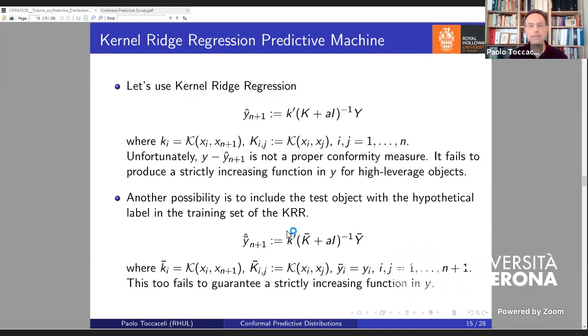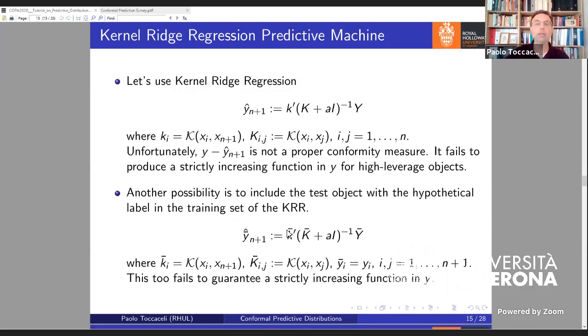So another possibility is to include the test object with the hypothetical label in the training set for the KRR. But even this fails to guarantee a strictly increasing function in y. But we are on the right track.